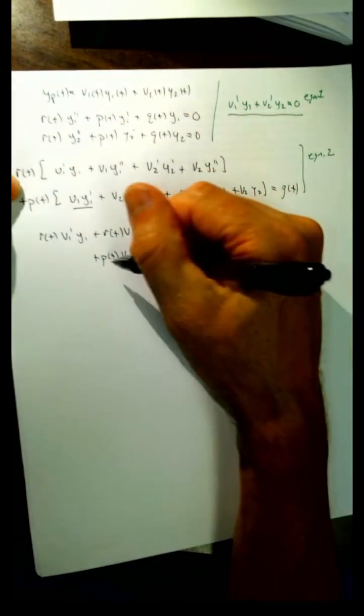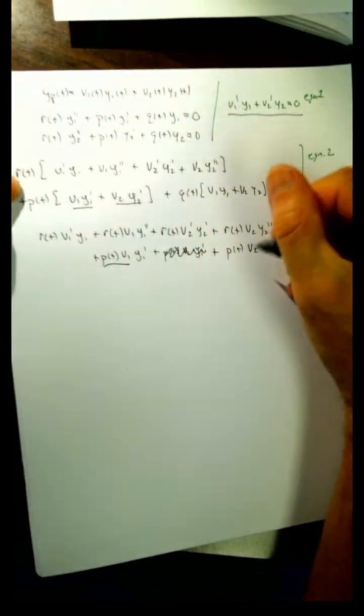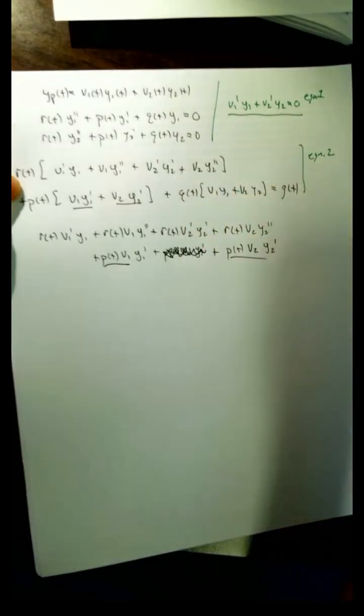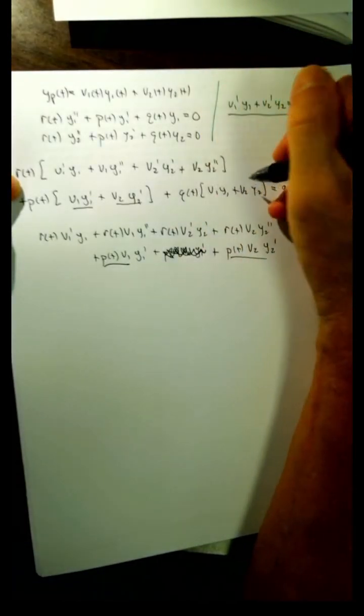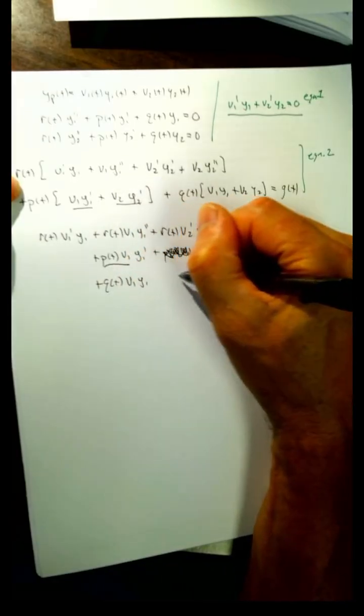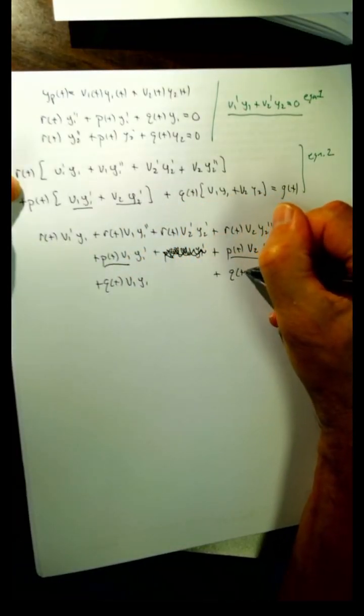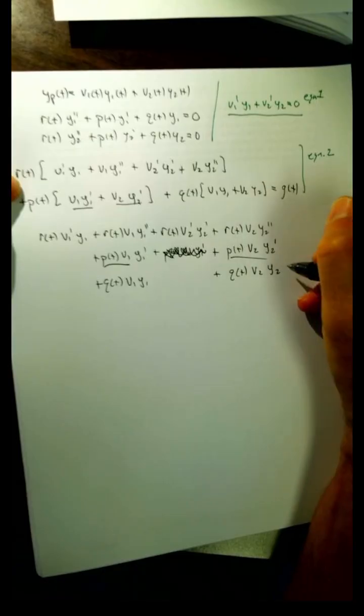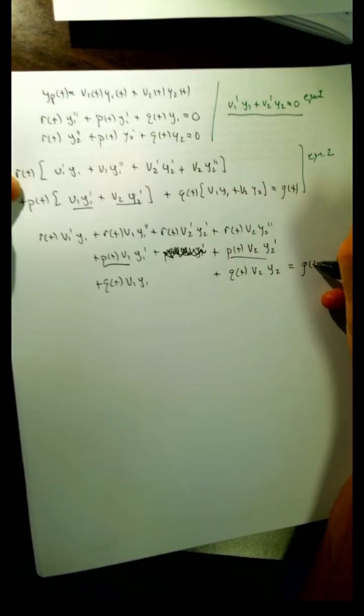Now for this term, it's going to be plus q of t v1 y1 plus q times v2 y2, and this all equals g of t.